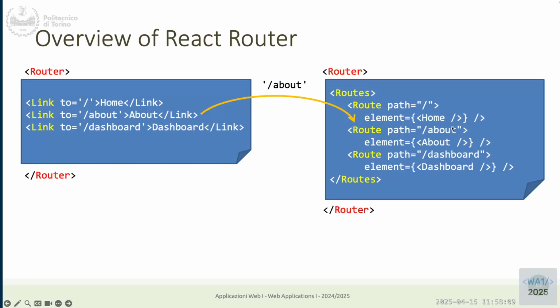So this home is a component that we want to render when we are here. And how do we select which one do we want to show? According to the URL. So we have a path matching algorithm that, whenever the path matches slash, show this. Whenever the path matches about, show that, and so on. So this is the mechanism.